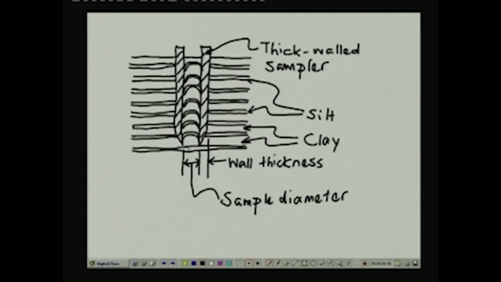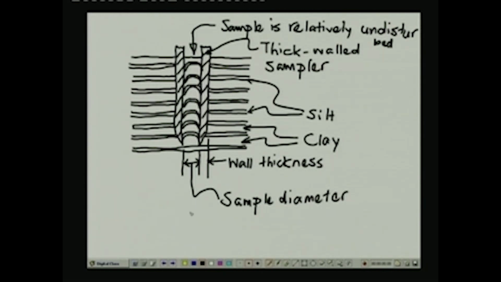So, you are going to have the laminations bent like this, and that is an indication of sample disturbance. Near the center of the sample, the sample is relatively undisturbed. That is one thing you can see.